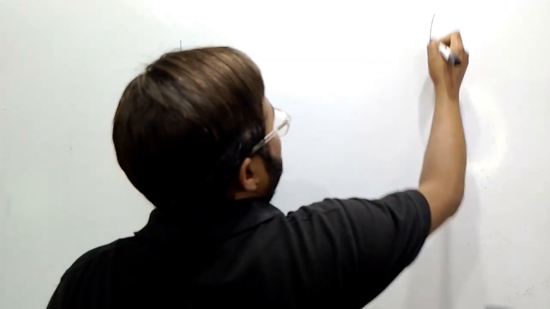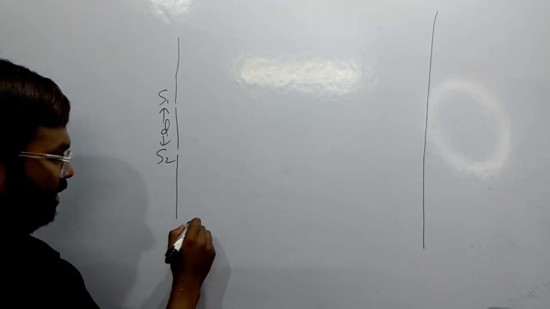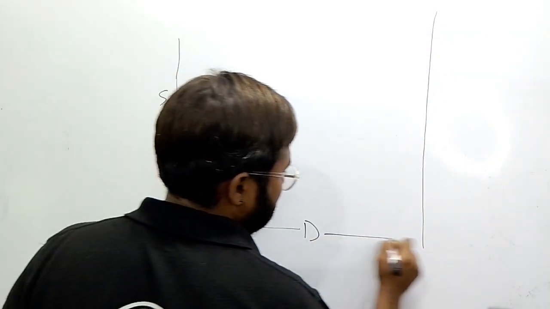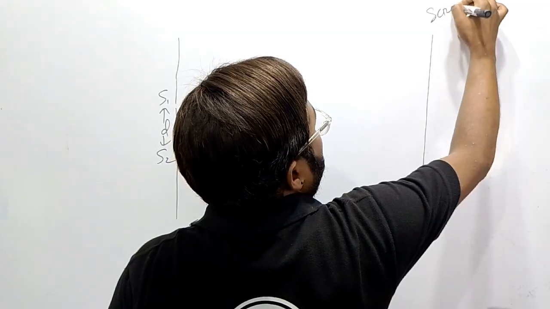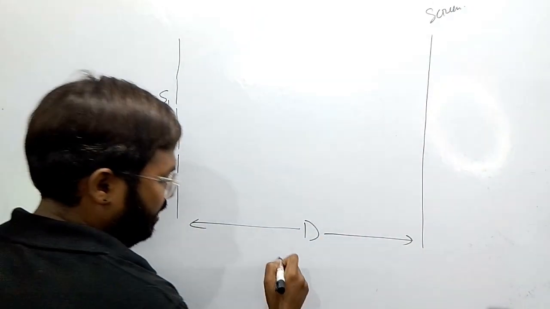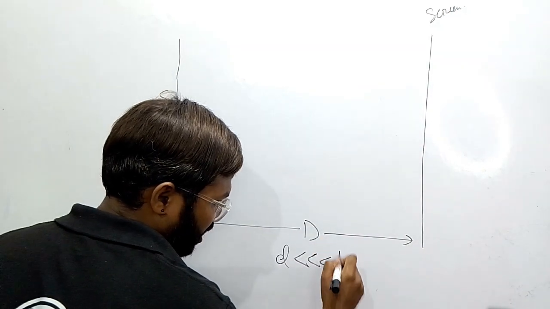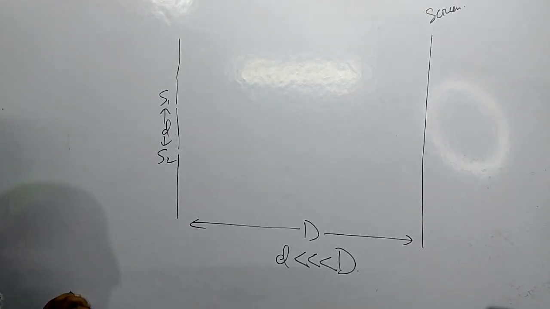You'll have one screen here which is very far. Suppose the distance between the screen and the sources is D. This is the screen, and here small d is very much smaller than capital D.